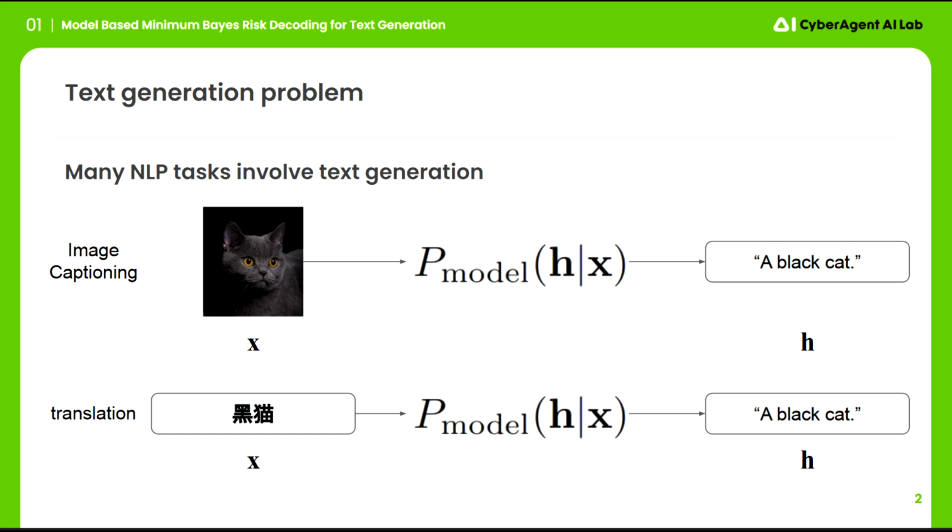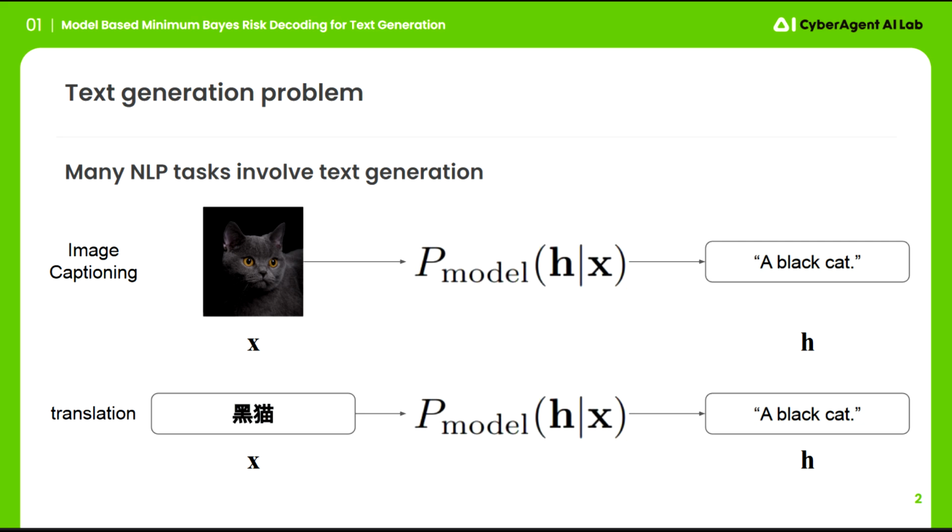For example, image captioning: you have an image and you have a model, P model, which outputs some kind of sequence or text H given a context. And this context can be anything.